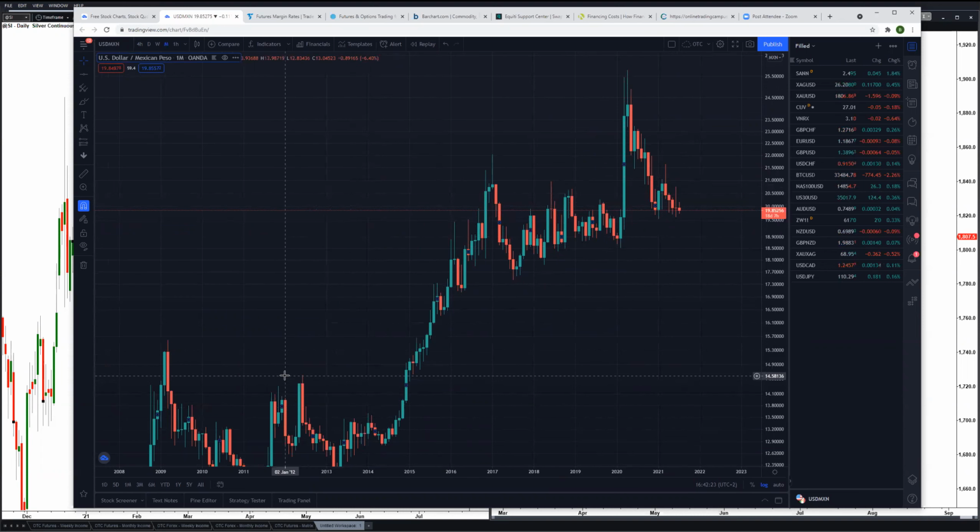So to go long at some point here makes a lot of sense on USD Mexican peso.